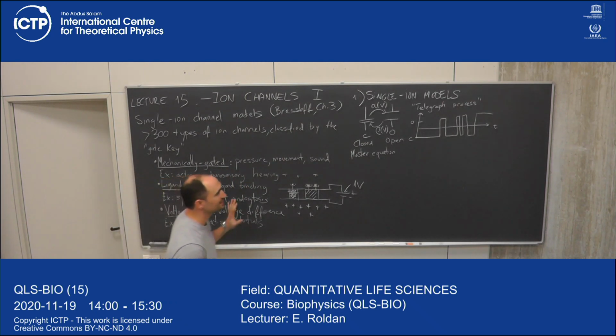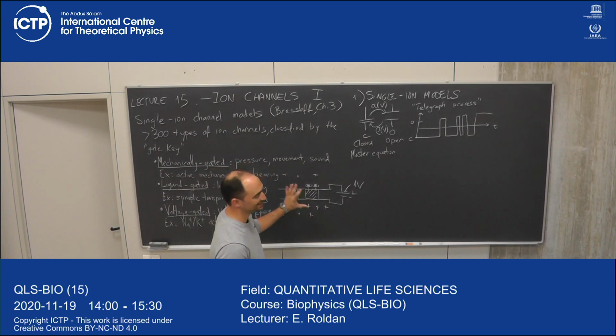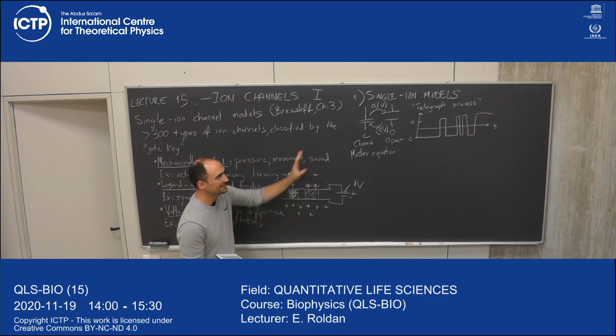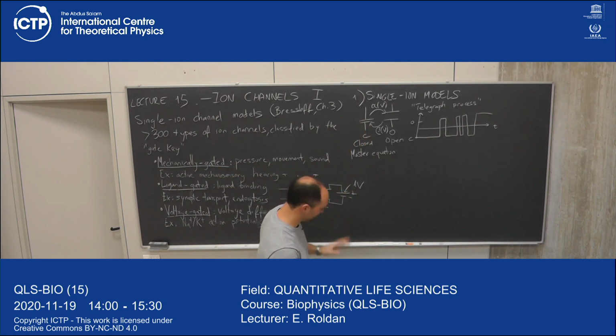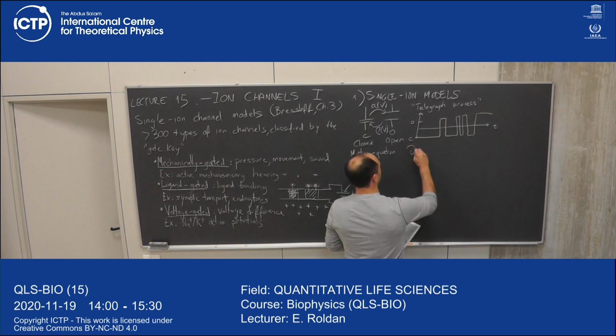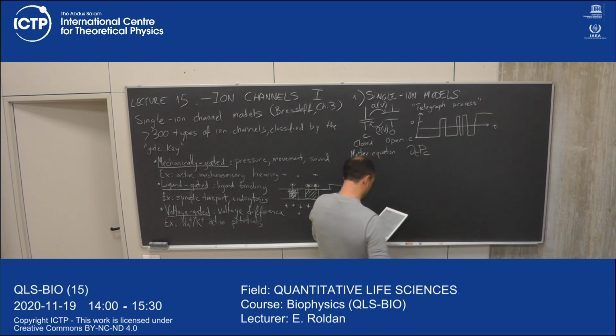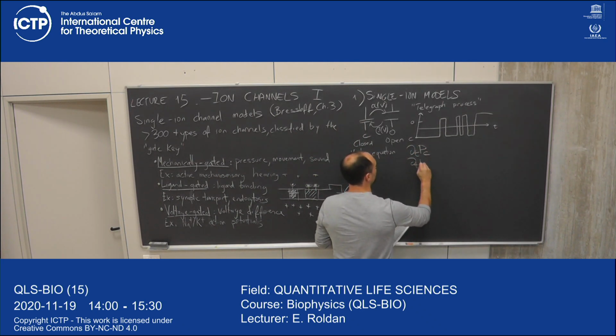As I said, this is a simple model of a gate opening and closing stochastically. Here, this is the model: 2 states, 2 rates. This should be trivial for you to know, this is the master equation. This is for closed, this is for open.